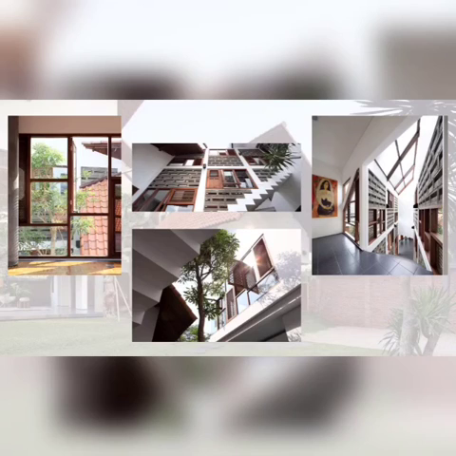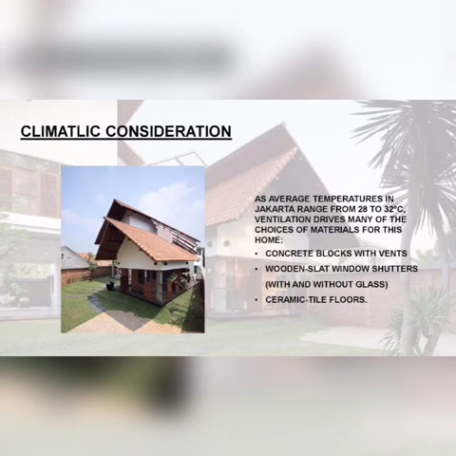In each space, the columns and beams are just exposed with their natural concrete plaster color among the white walls. As the average temperature in Jakarta ranges from 28 to 32 degrees Celsius, ventilation drives many of the material choices for this home.